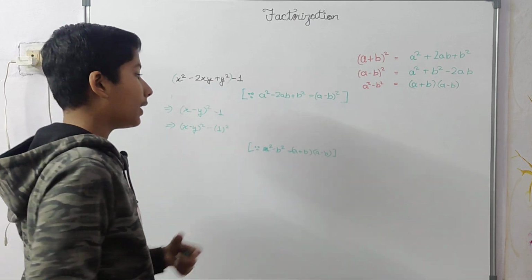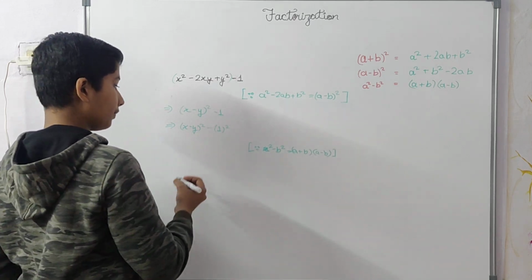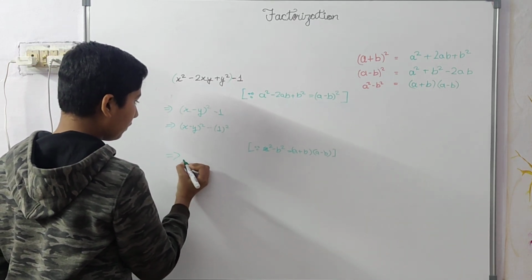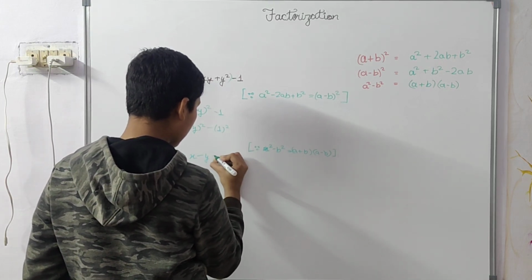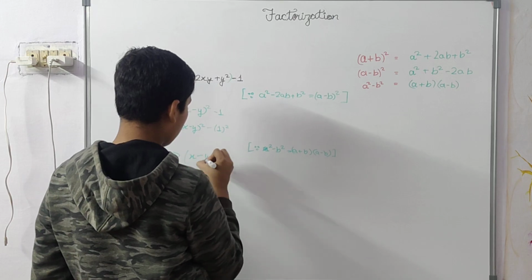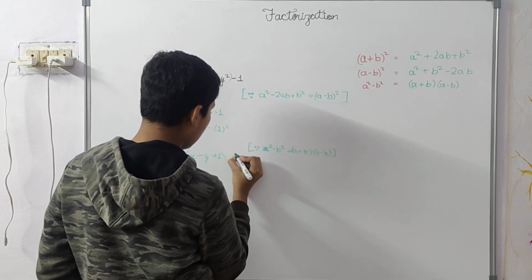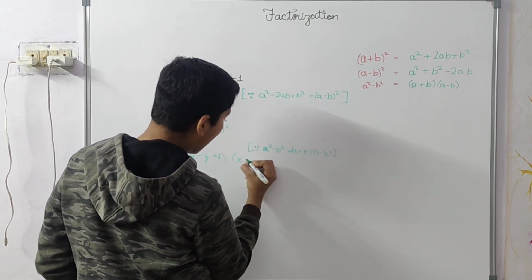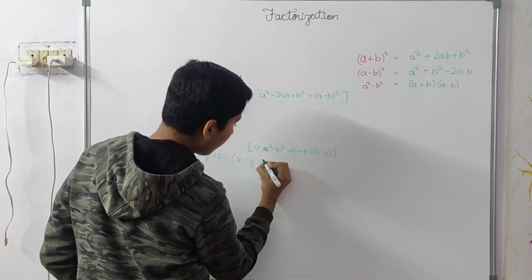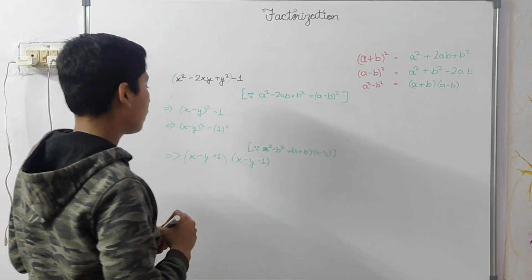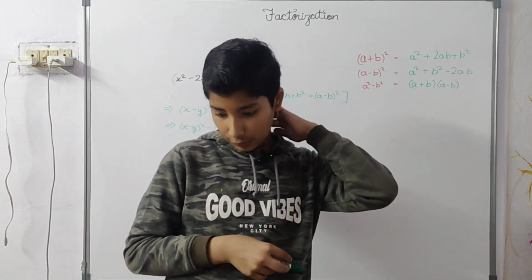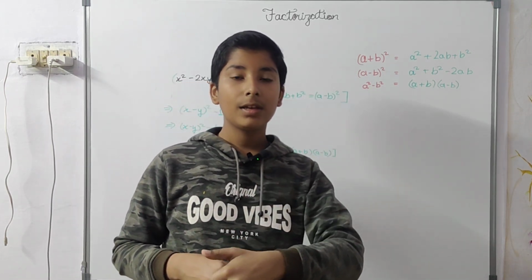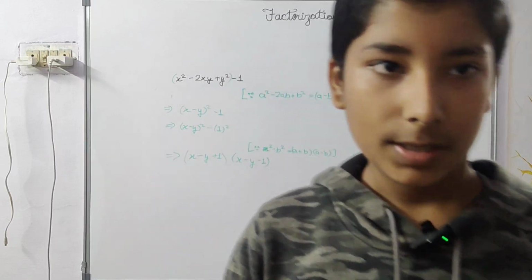Okay, so this is the identity getting used here. So it will be x minus y plus 1 multiplied by x minus y minus 1. So this will be our final answer. So this is the confusing question. Now we will come to our middle term splitting.